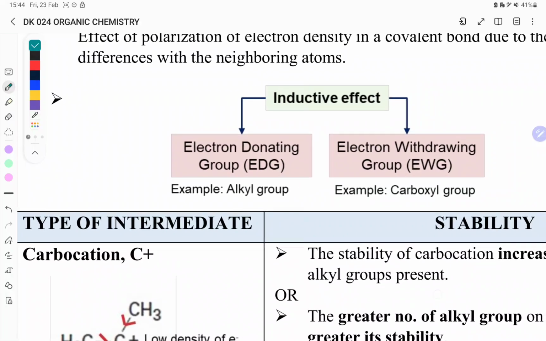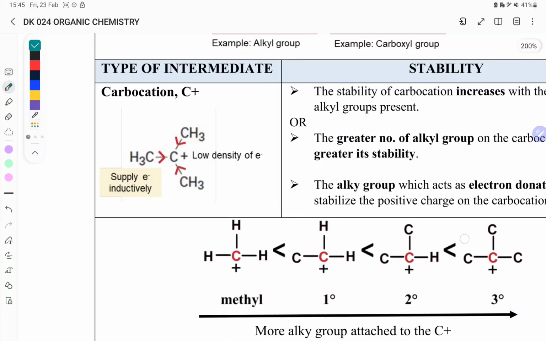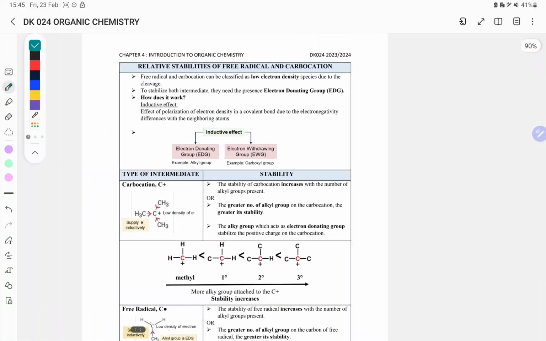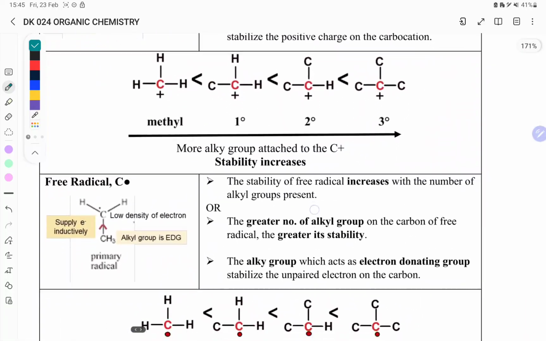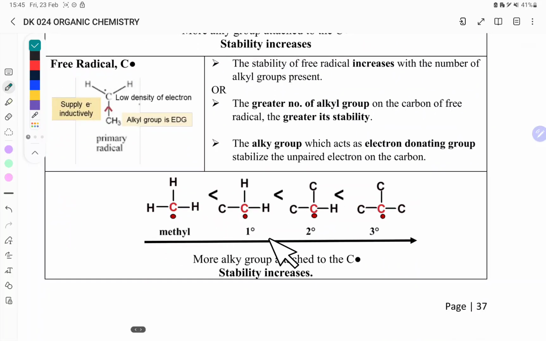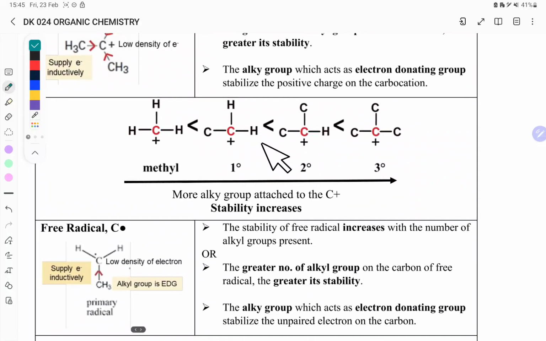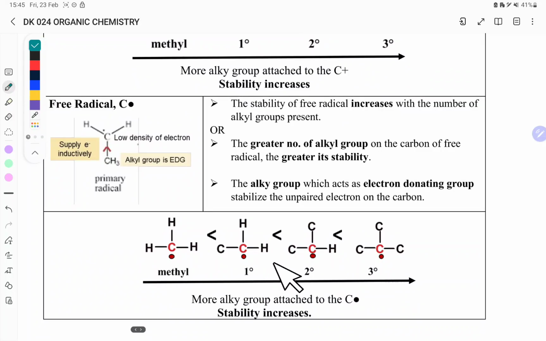Okay, and then another one is what we call as electron withdrawing group, di mana dia akan tarik electron away from the carbon. Okay, from the carbon center yang kita tengah fokus. So, kalau kita tengok stability untuk carbocation ion dan juga free radical, trend dia adalah sama.